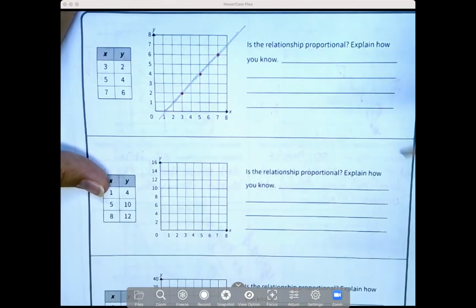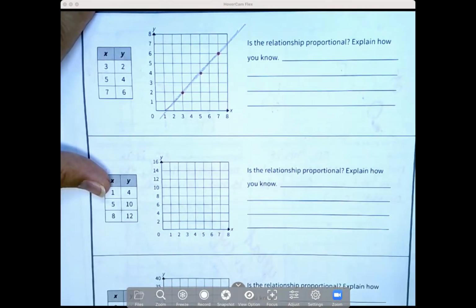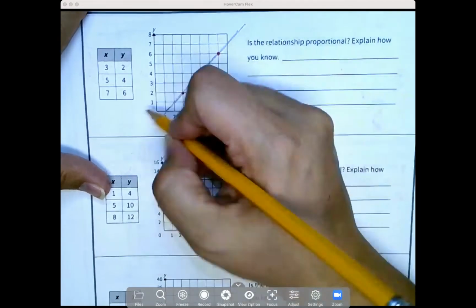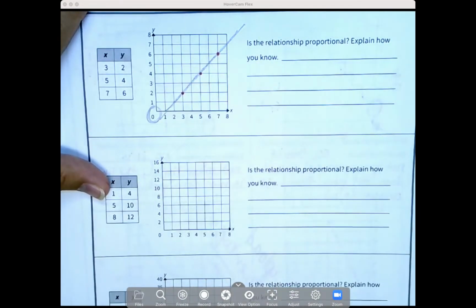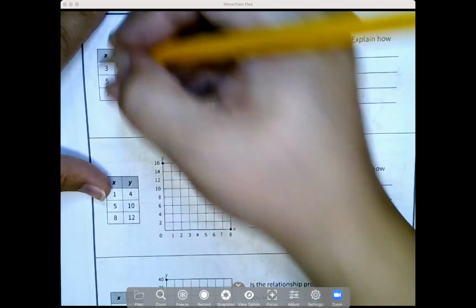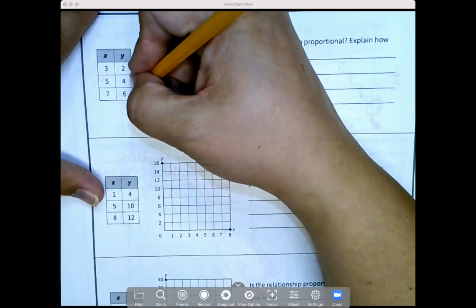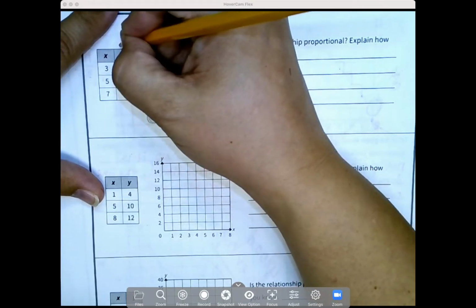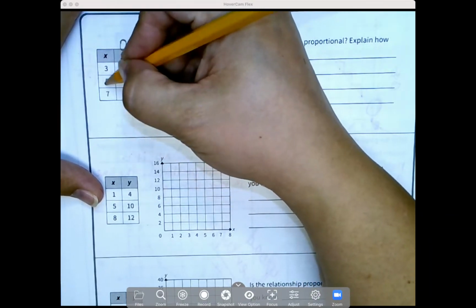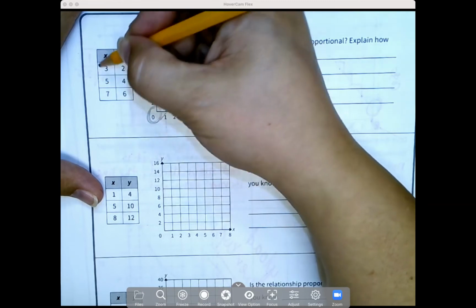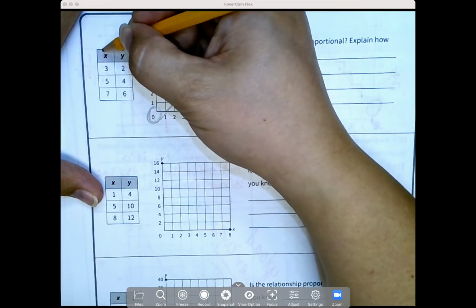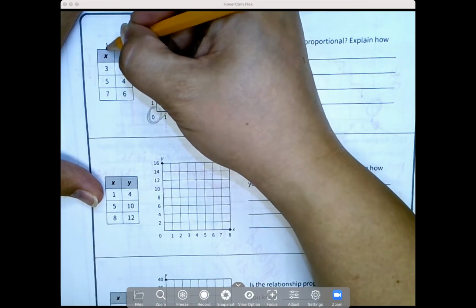My drawing might not be perfect, right? But what's the bigger problem? Do I pass through the origin (0, 0)? No. Also, I could go backwards here, and I could go 6, 4, 2, 0. What is this? Minus a 2. So 3, 1.